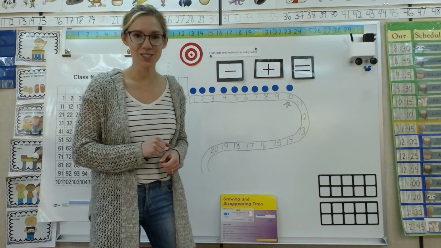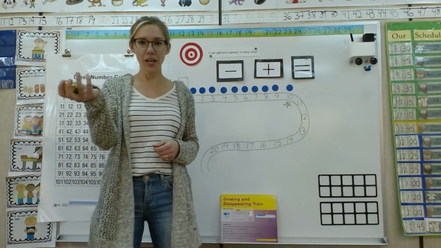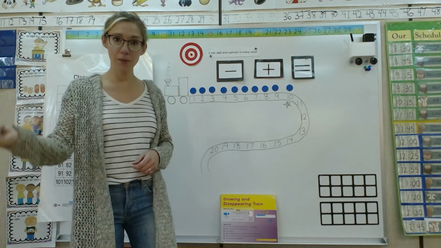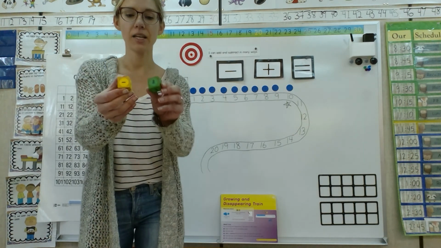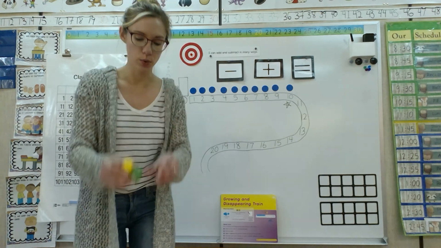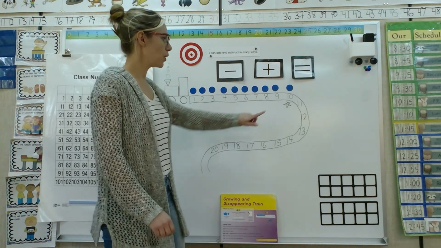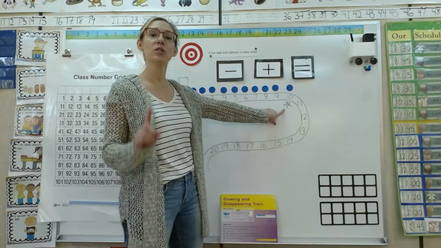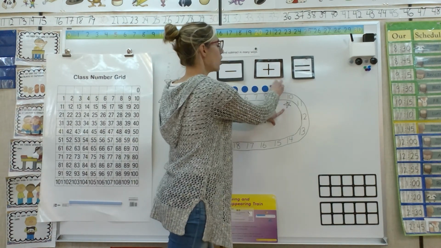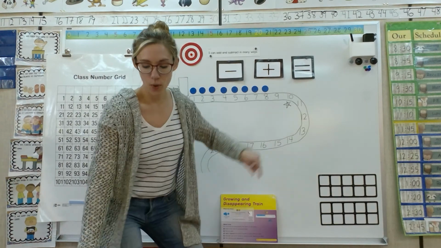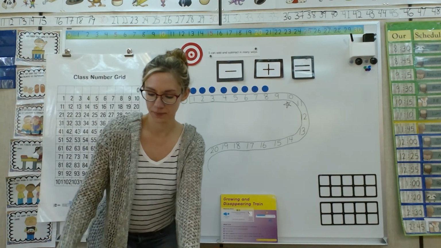All right, let's get started. I'm going to take my dice and roll them. Ooh, minus 2. So the first thing we're going to do, we're not going to be adding, we're going to be subtracting. So I'm going to take 2 train cars away from our train.